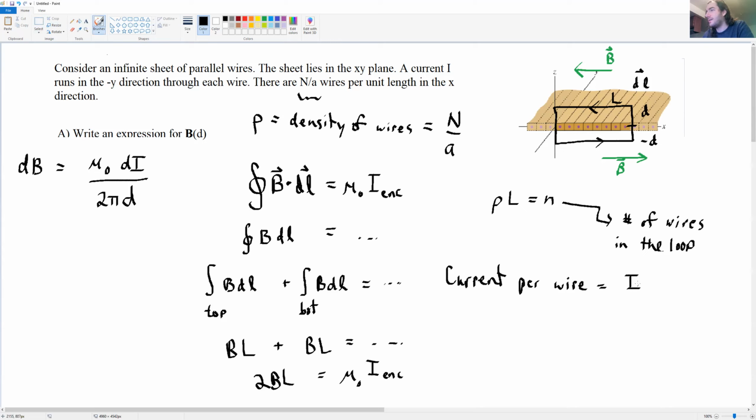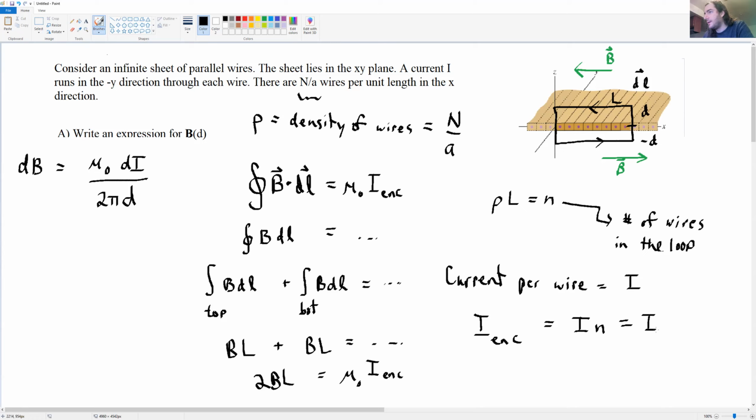So the current per wire is I, and we multiply by the number of wires in the loop. So current per wire times the number of wires per loop. So I enclosed is equal to I times little n. And we can follow little n back.